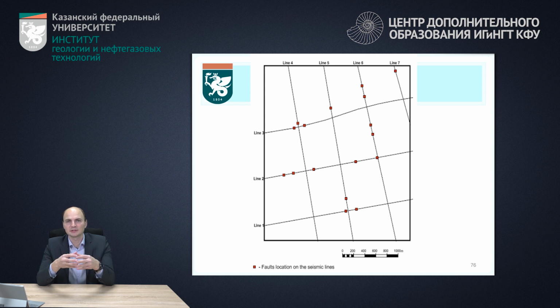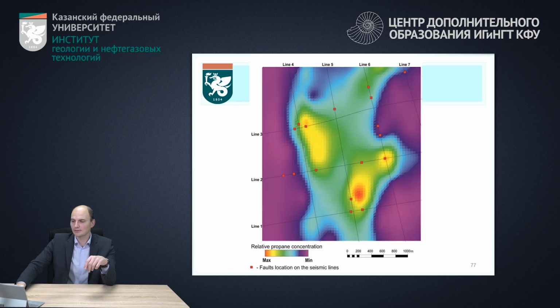In our case, we tried to use geochemistry, and we placed the map of geochemical anomalies on the map of the seismic lines with the faults. By looking at that map, you can simply find out which faults are actually connected and what their geometry is between the seismic lines.